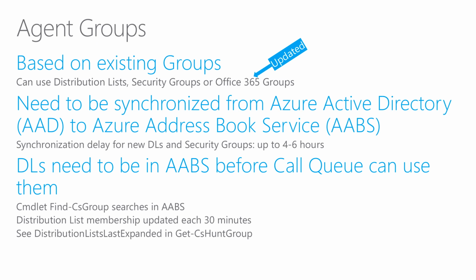DLs need to be in AABS before a call queue can use them. If you want to verify that your DL is in AABS, you can use the Find-CsGroup cmdlet. You can also use Get-CsHuntGroup to see when this distribution list was last updated. Nested groups, so groups within groups, are also supported.